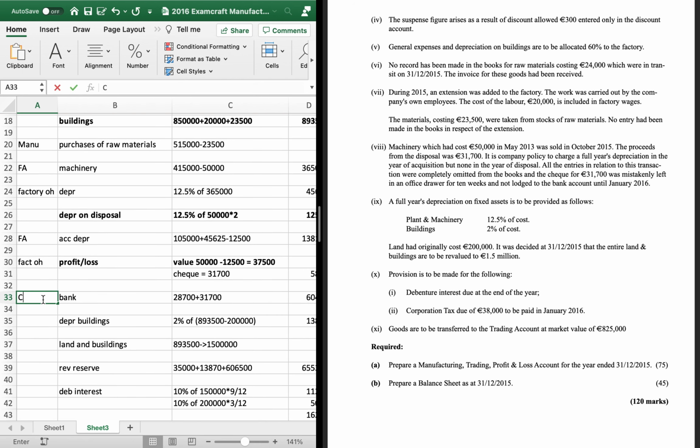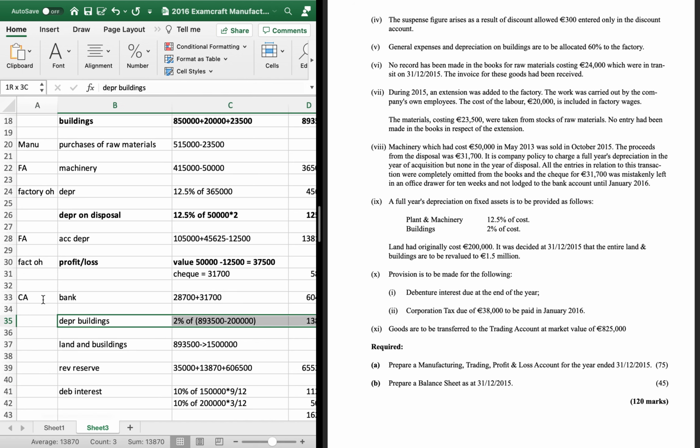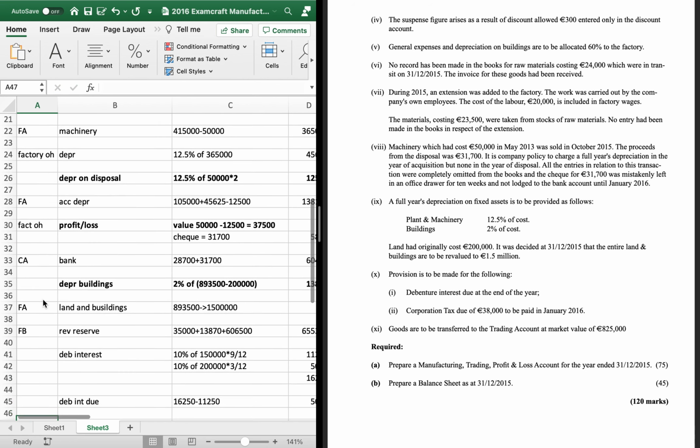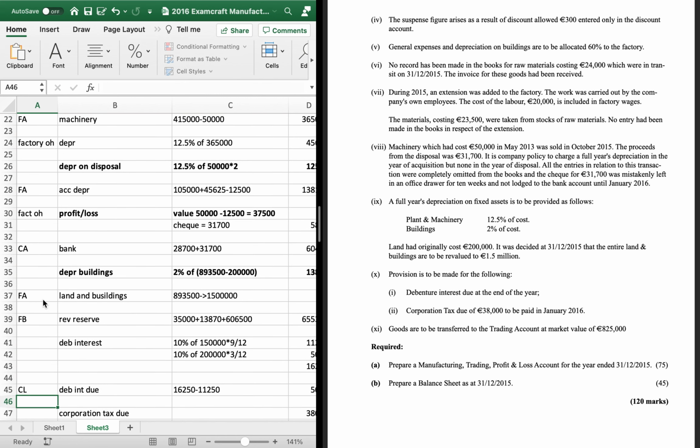The bank was a current asset this time. Depreciation of buildings was being split up, so that one isn't going in. We'll split that up later. Land and buildings is a fixed asset. Revaluation reserve is financed by. The debenture interest goes in its normal spot in the trading profit and loss account, and debenture interest due is a current liability.